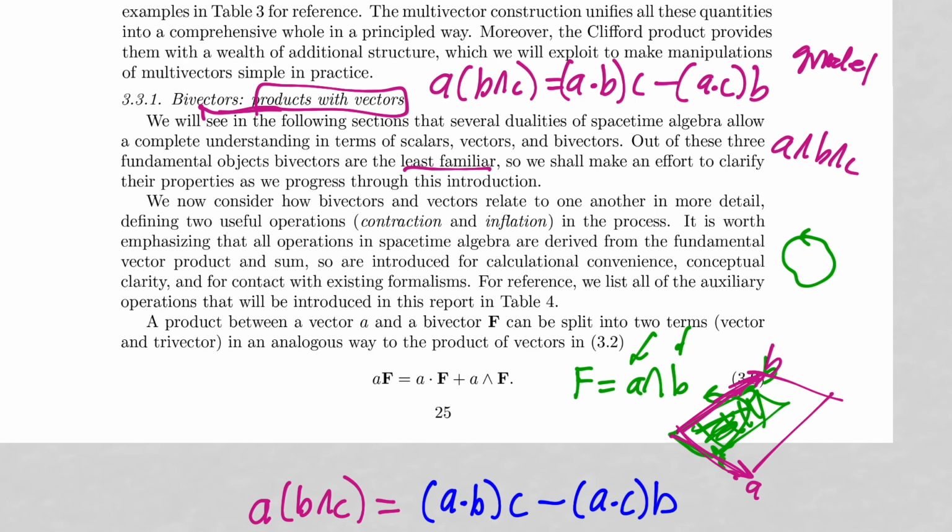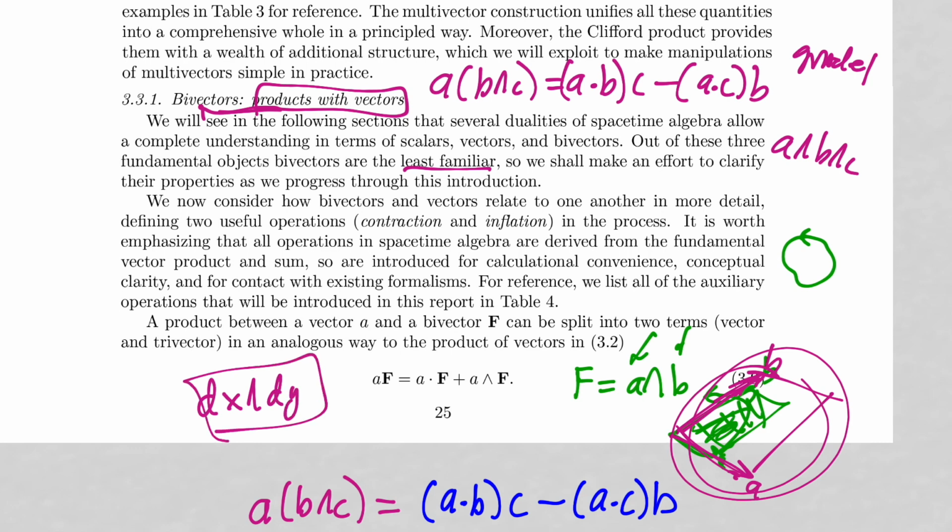And if you came here from exterior calculus, from the exterior forms, from our study of differential forms, there is a problem because differential forms are not interpreted this way. Differential forms, dx wedge dy, that is not a little element of plane.